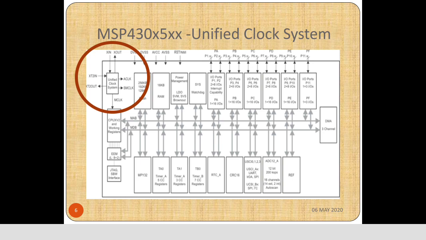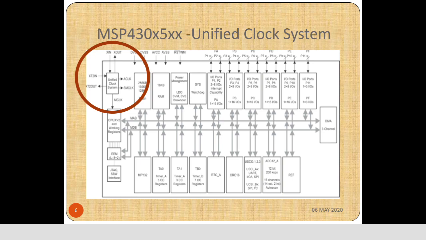Previous versions have two terminals for the unified clock system, one input terminal and one output terminal, like X in and X out. But here in 5-axis we have two input terminals and two output terminals on the external side. One is X in 1, X in 2. These two are the input terminals.